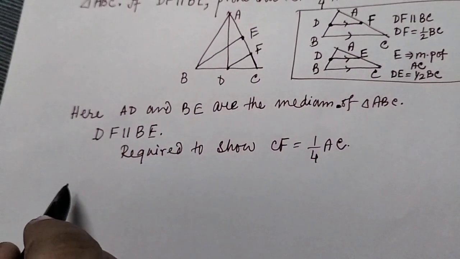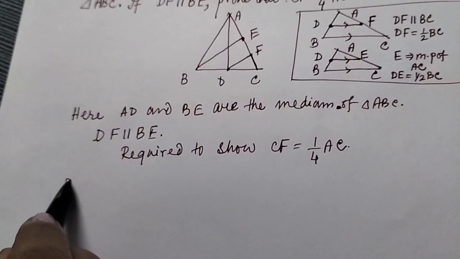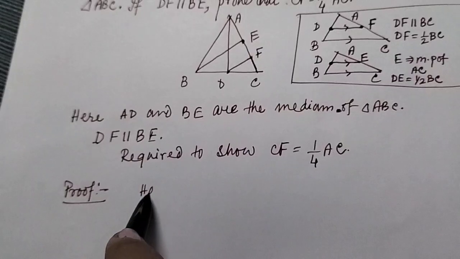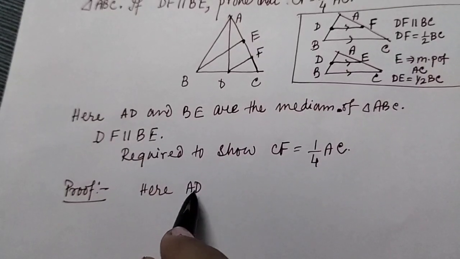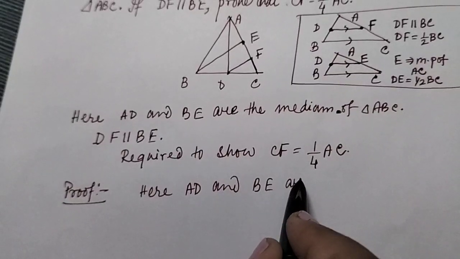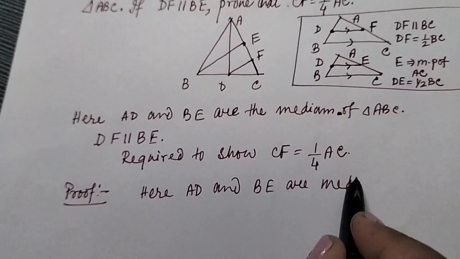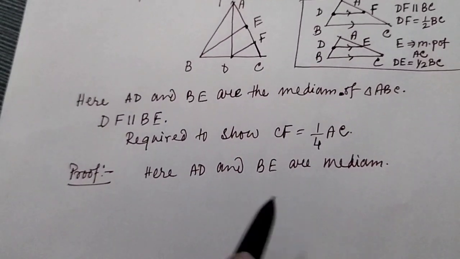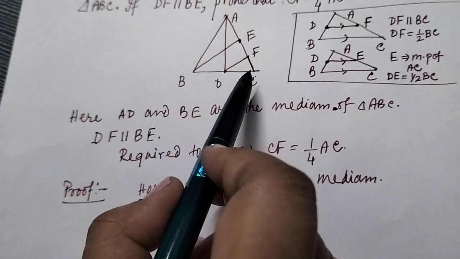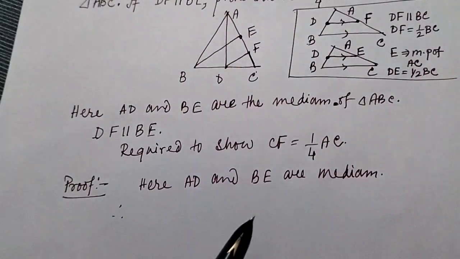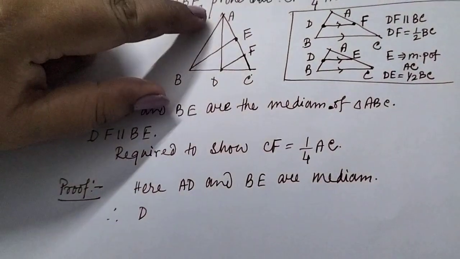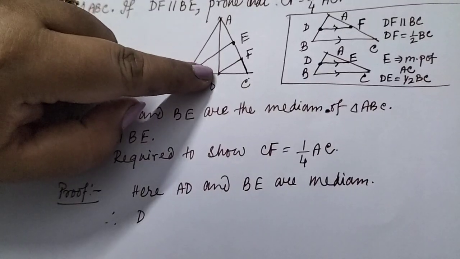Now look, here AD and BE are medians. Okay, so we get D is the midpoint of BC. At the same time, E is the midpoint of AC, right? Because we know median means the line segment joining any vertex to the midpoint of the opposite side.